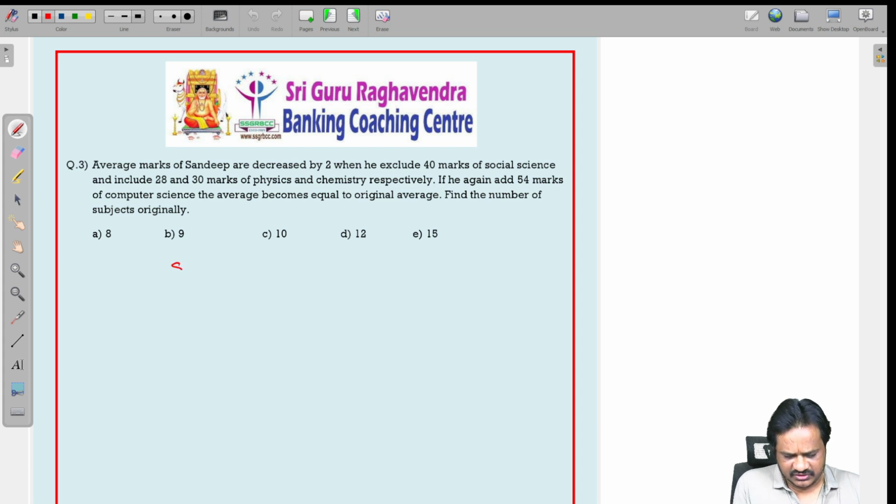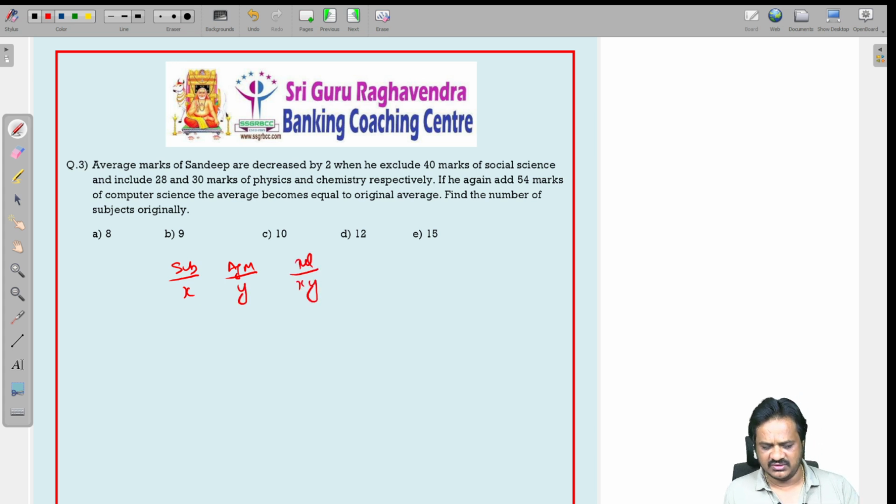So, here total subjects I am taking as x, average marks I am taking as y, then total marks will be xy. Now, the average marks is decreased by 2 when we exclude 40 marks of social science and include 28 and 30 marks of physics and chemistry.